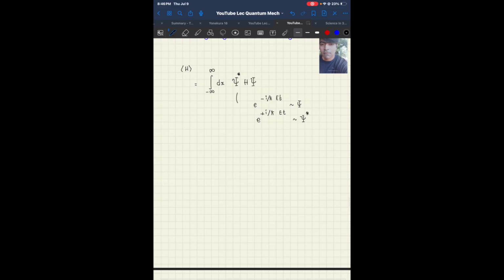So this is the same as the time independent Schrodinger equation. These psi's are time independent.